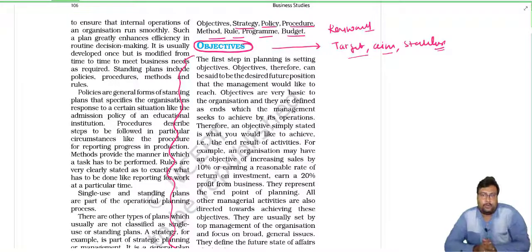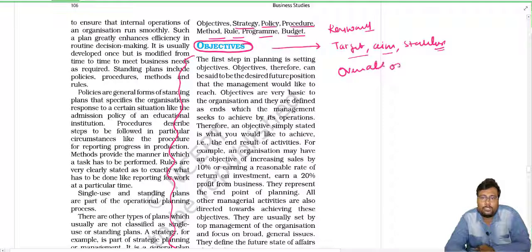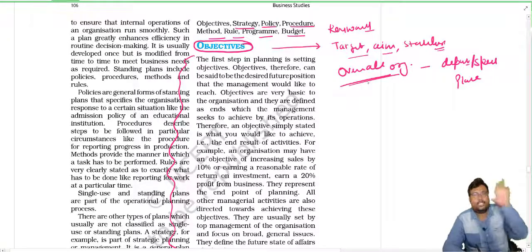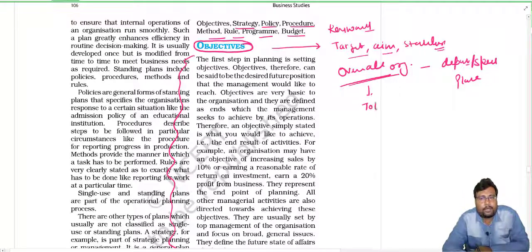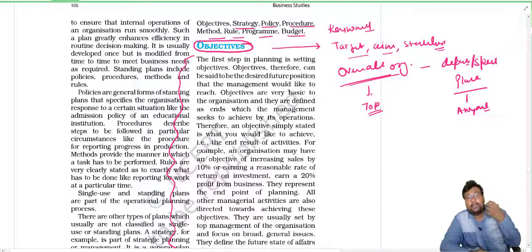There are 2 types of objectives. One is the overall organization objective, and one is the department or specific objective. Always remember, overall organizational objectives are generally decided by top level management, and departmental or specific objectives can be defined by anyone. What is the meaning of anyone? It can be top level, middle level, or supervisory level.